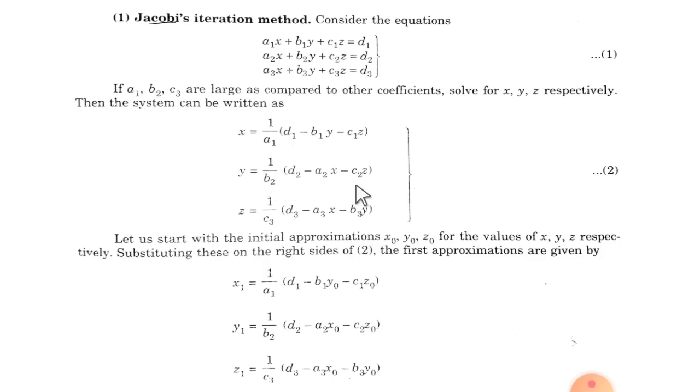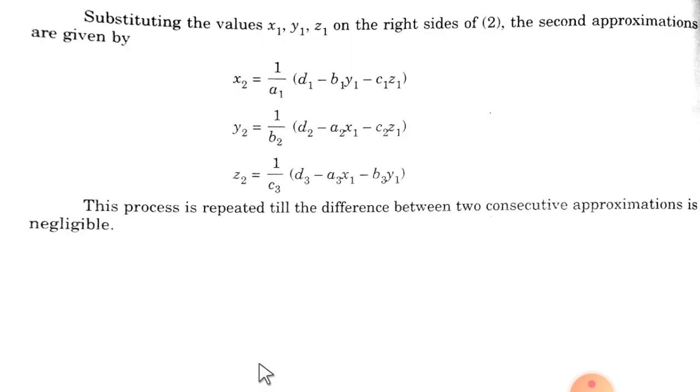Similarly, write y and also z. Then let's start with the initial approximations x0, y0, z0 for the values of x, y and z respectively. Substituting x as x0, y as y0 and z as z0, x1 turns out to be this. Similarly y1 and z1 turn out to be these.